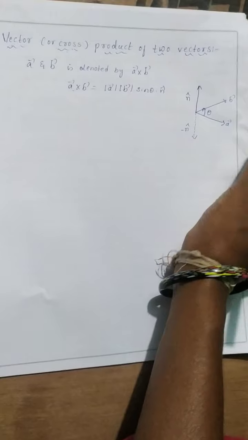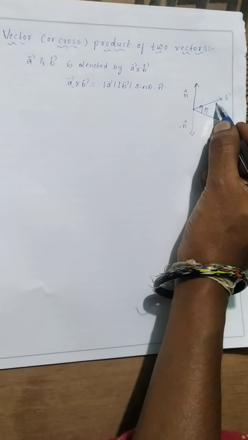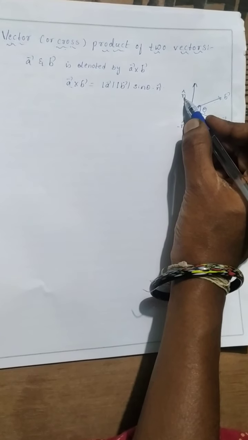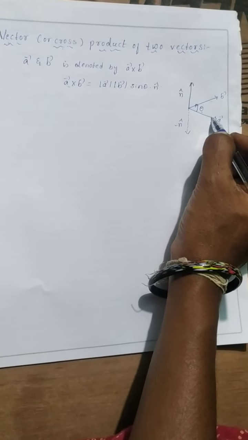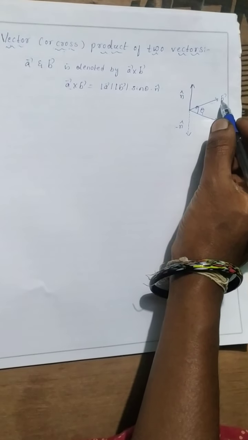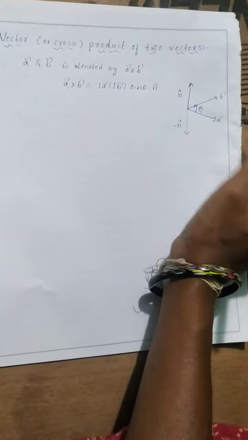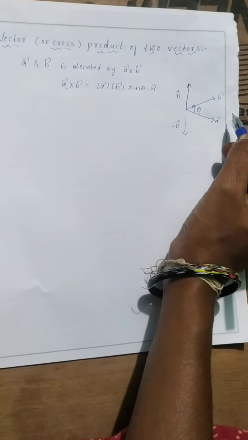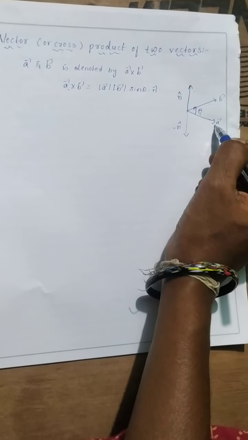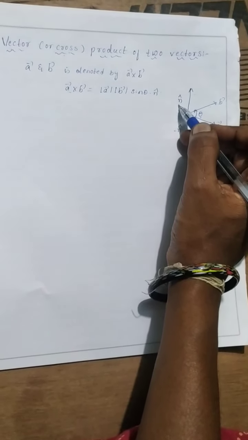Here theta is the angle between a and b, and n cap is a unit vector perpendicular to both a and b, such that a, b, n cap form a right-handed system. Rotating from a to b moves in the direction of n cap.